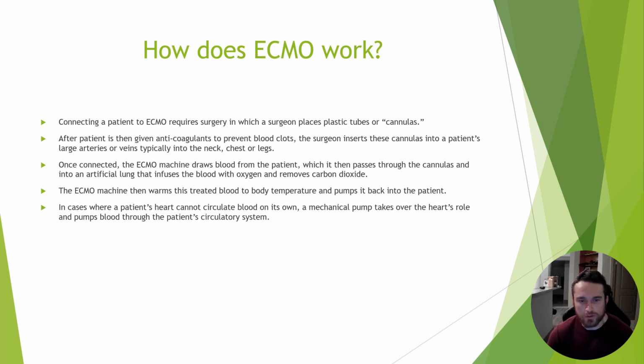Once connected, the ECMO machine draws blood from the patient, which it then passes through cannulas and into an artificial lung that infuses the blood with oxygen and removes CO2. The ECMO machine then warms this treated blood to body temperature and pumps it back into the patient. In cases where a patient's heart cannot circulate blood on its own, a mechanical pump takes over the heart's role and pumps blood through the patient's circulatory system.